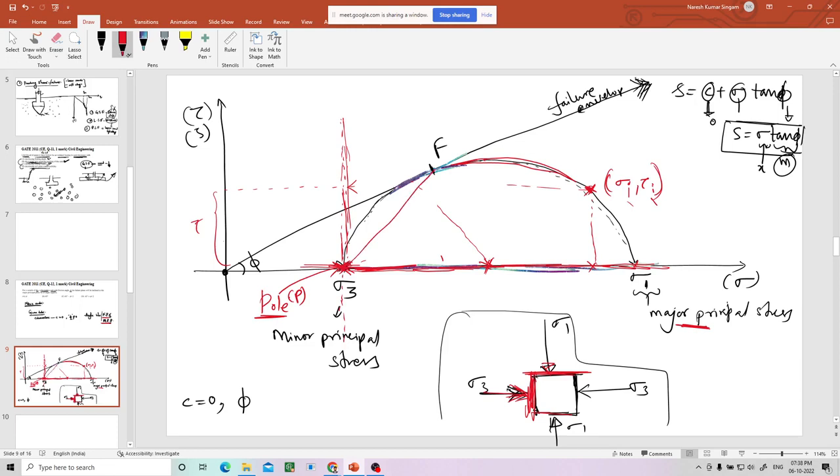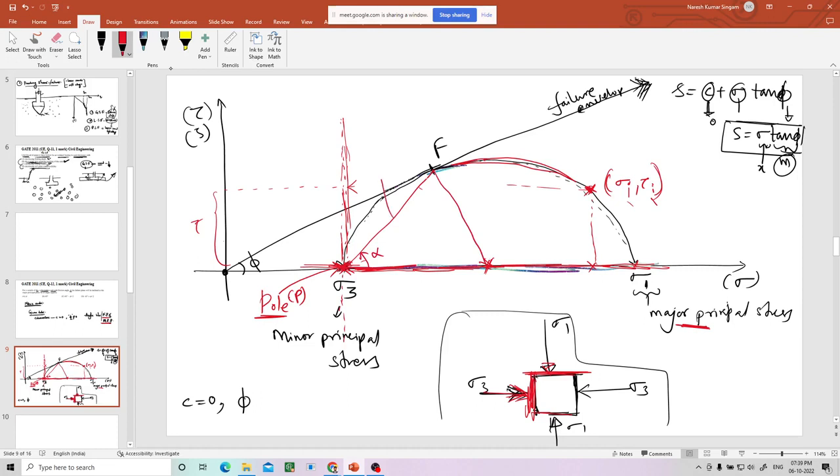This is the failure plane. So now you need to find out this alpha.